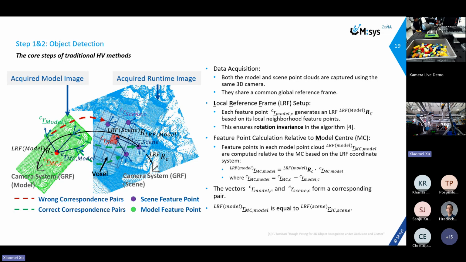Correspondence matching, as shown in the figure. Feature points in the model point cloud are computed relative to the model's center using the LRF coordinate system. These feature points then attempt to form corresponding pairs with matching feature points in the scene point cloud.